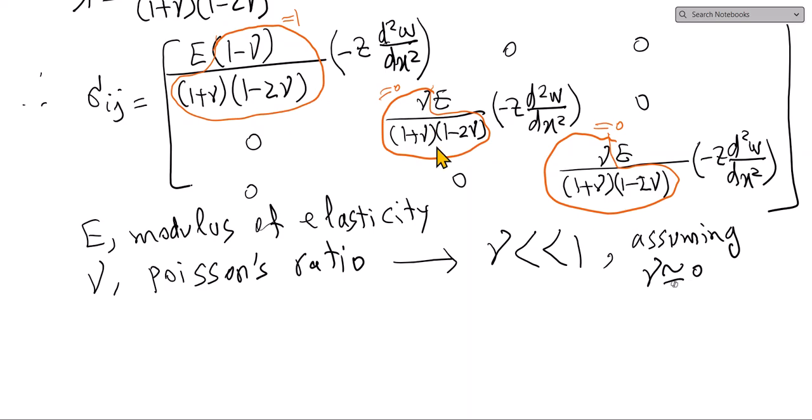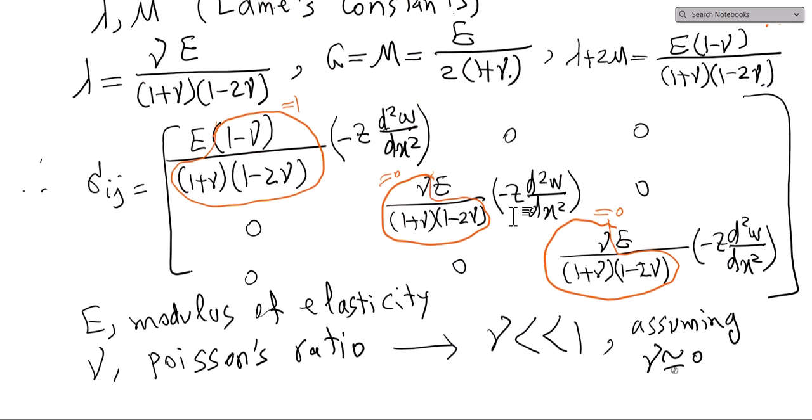But we assume, just for the sake of this, that we can drop Poisson effects compared to the strain in the x direction, very small in the other directions, and therefore we almost assume it doesn't exist. It is a relative order of magnitude of quantities that we are discussing.